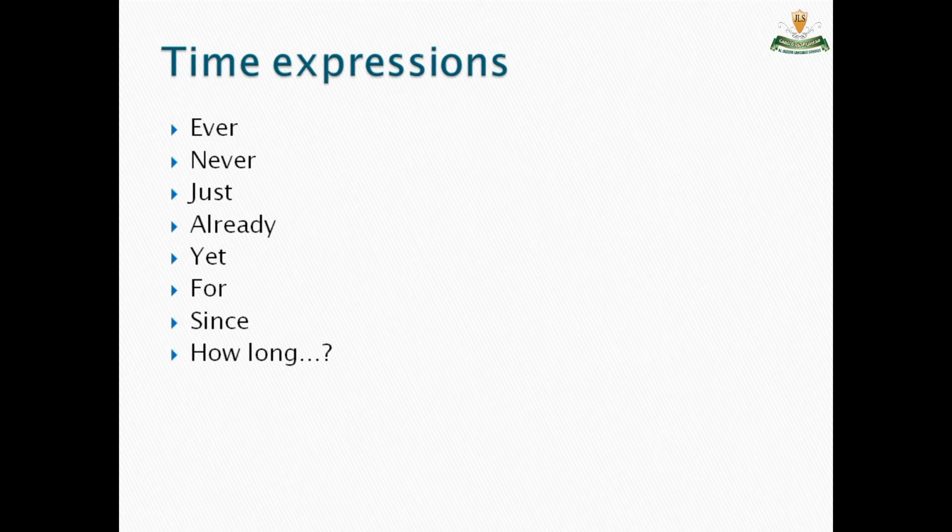Just and already go between the two parts of the verb, has or have, then just or already, and then the past participle. We use yet at the end of the sentence in negative sentences or in questions. For, we use it when we talk about a period of time. Since, when we talk about a certain time. How long, we use it to ask about the period of time.